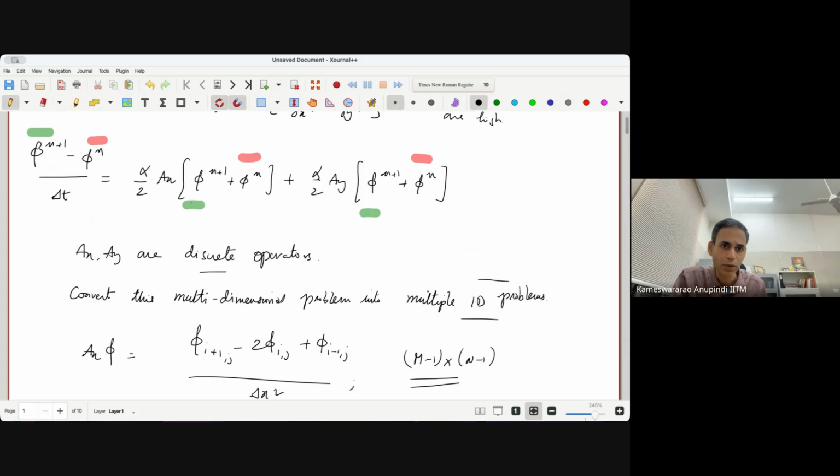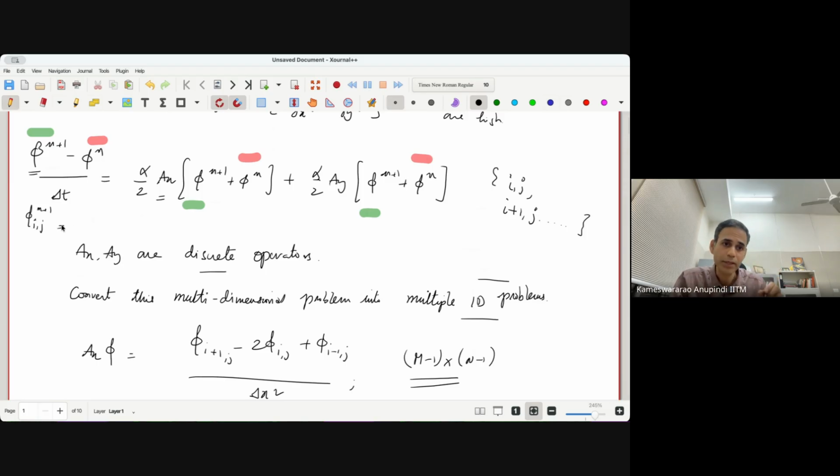Because this is a discretization, we have terms like ij, i plus 1 j and many others, all the 5 neighbors for each ij. Then this phi n plus 1 is going to be applied for phi ij n plus 1, so it shows up on the ijth quantity.